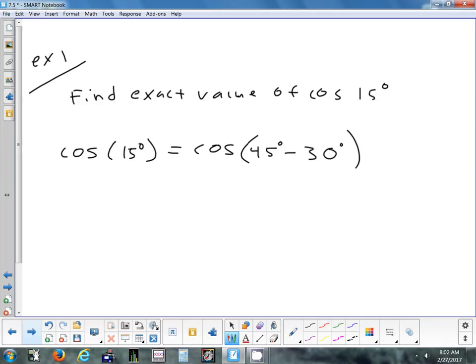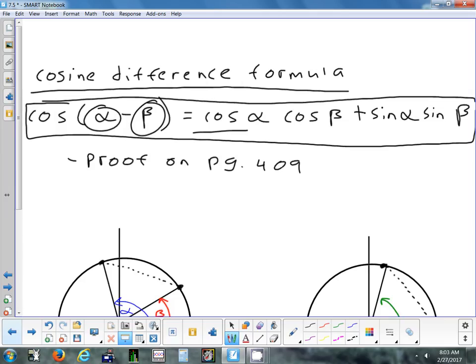Any questions on that? That's an easy one to figure out. Sometimes it's a little harder, but there is a way. If I give you a problem, there will always be a way to write it in terms of 45s and 30s somehow, or multiples.